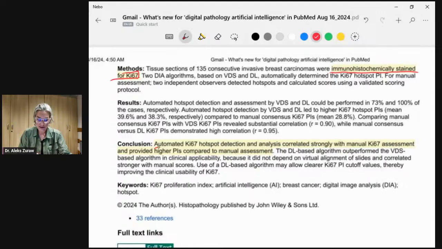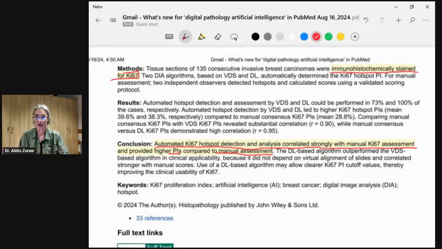And the conclusion was that automated Ki-67 hotspot detection and analysis correlated strongly with manual assessment. I hope it did, and provided higher PI, so proliferation indexes, compared to manual assessment. So why? We probably would need to read the paper, but there are a couple of options why.